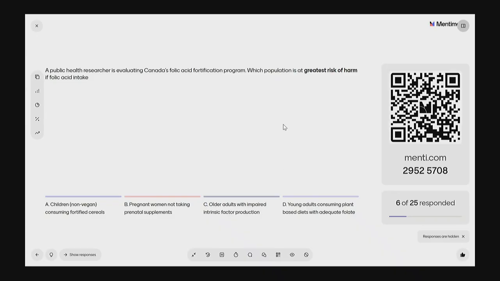This question is incomplete because it got cut short. So a public health researcher is evaluating Canada's folic acid fortification program. Which population shown below is at greatest risk of harm if folic acid intake is high? Sorry, there weren't enough characters and I couldn't put it up there.